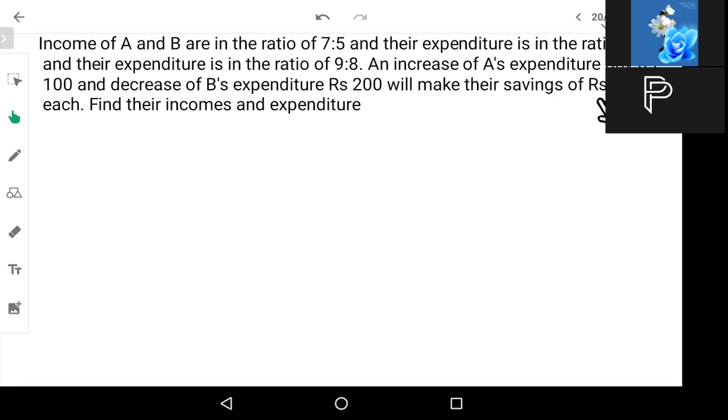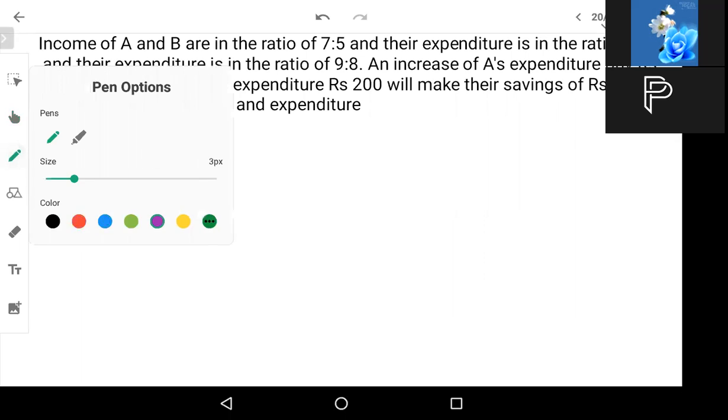So A will also save 400, B will also save 400. Okay, so that is the actual question. Now let us start determining the variables, and when we put the ratios into the form of equations, then we will understand the complete scenario of the problem.